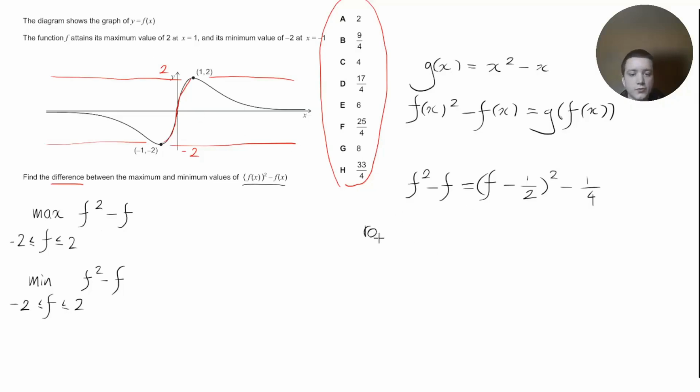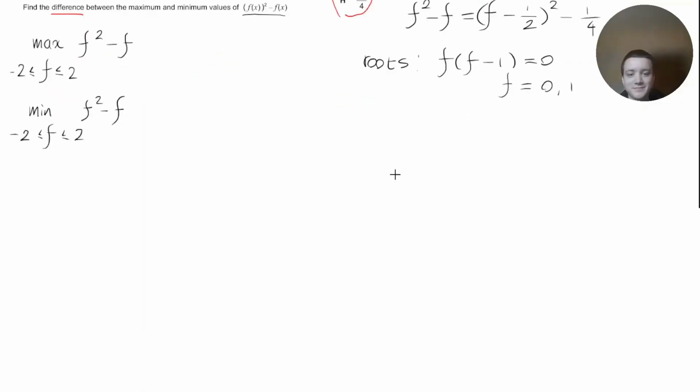And we can also read off the roots. This is f times f minus 1. So the roots are at 0 and 1. To start our sketch, we mark on these points.